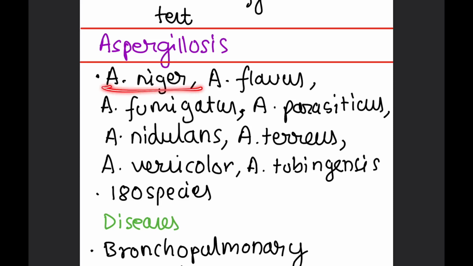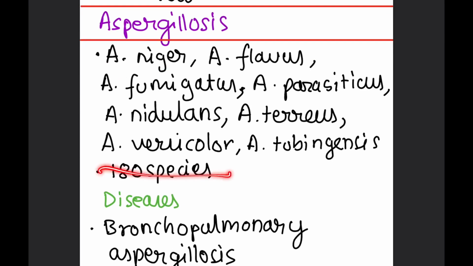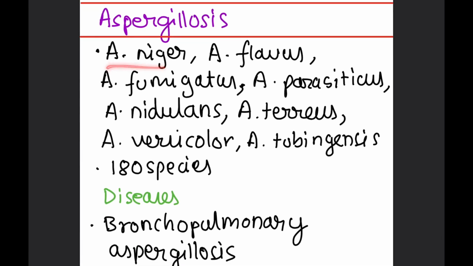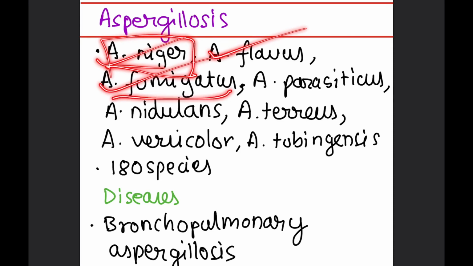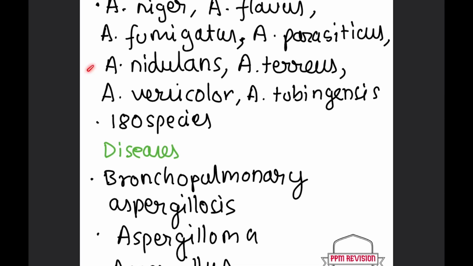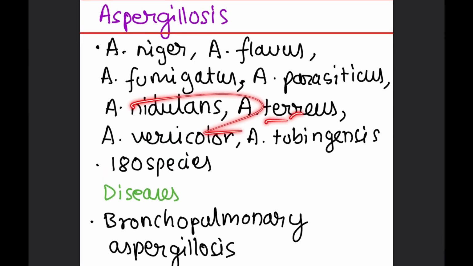Aspergillosis: there's Aspergillus niger, as mentioned earlier. There are 180 species, and we'll just deal with some important ones. So there are Aspergillus niger, flavus, fumigatus. These are the three main important ones, and then there are others, like nidulans, tubingensis, and others mentioned here.